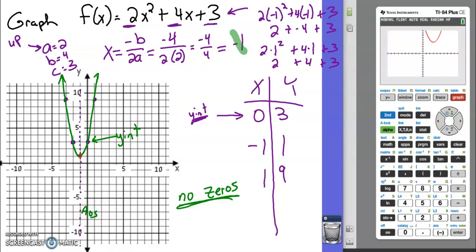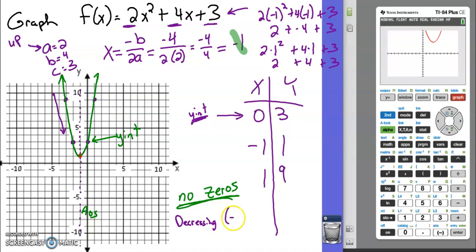And then let's talk about the interval notation. Notice it's decreasing. Remember, you read the parabola from left to right. That's how you read all the functions, from left to right. So it's decreasing from here to here. So let's say decreasing.